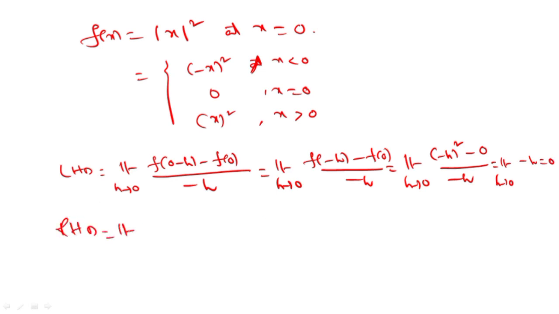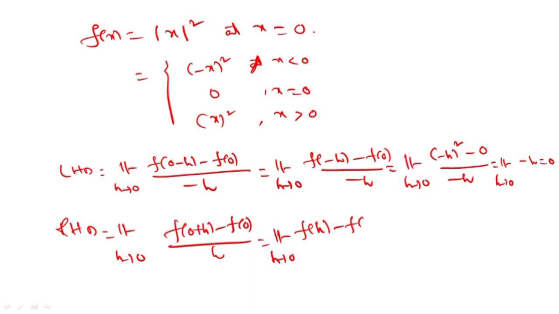RHD, we will find RHD. Limit h tends to 0 f of 0 plus h minus f of 0 by h. So that will be limit h tends to 0 f of h minus f of 0 by h. So f of h is h whole square, using this positive value, h whole square minus 0 by h.